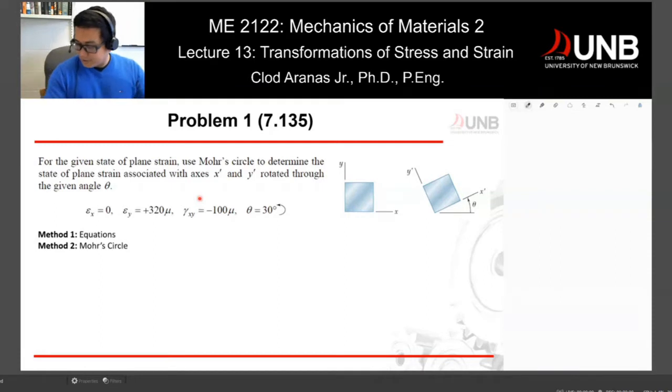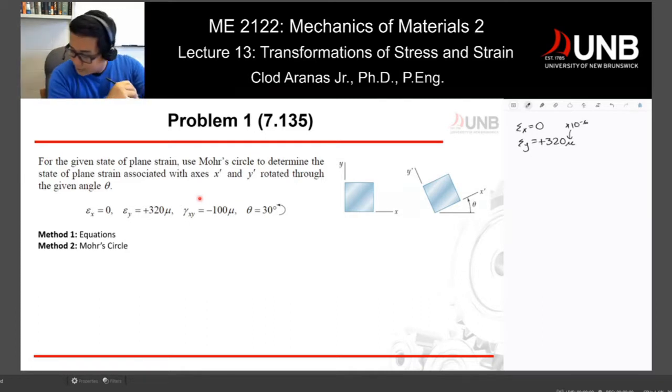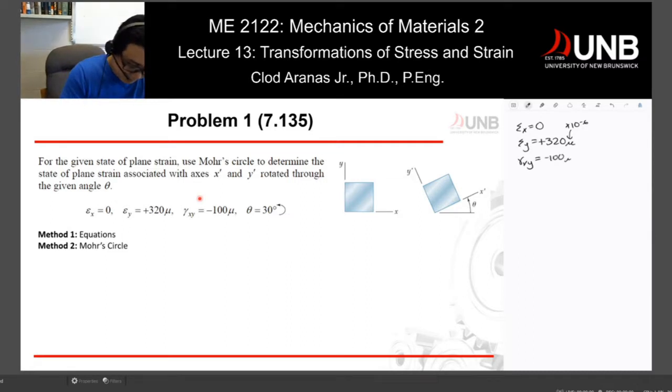Okay, so we have epsilon x is equal to 0, epsilon y is equal to positive 320, and again, this is times 10 raised to negative 6. So we have shear strain xy, which is equal to negative 100 times 10 raised to negative 6.